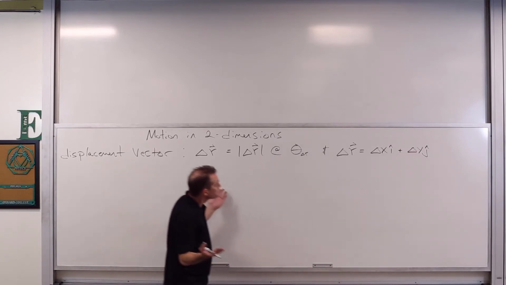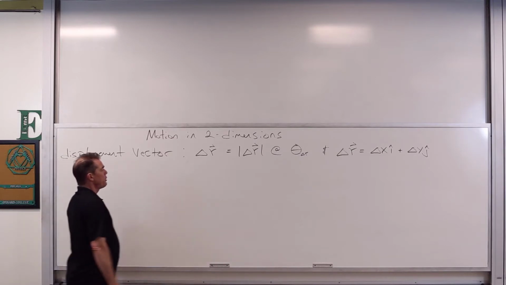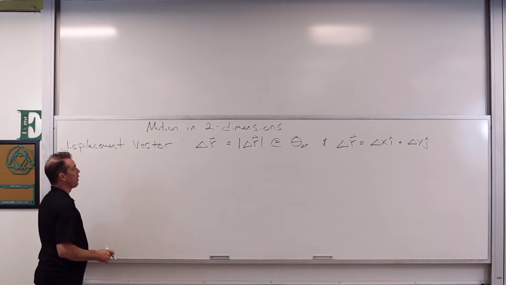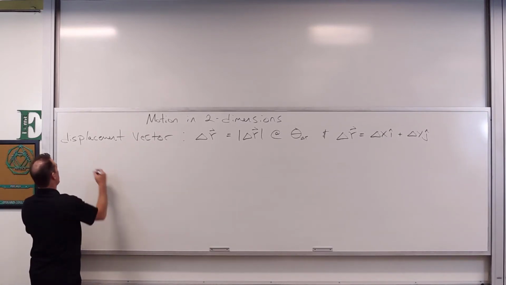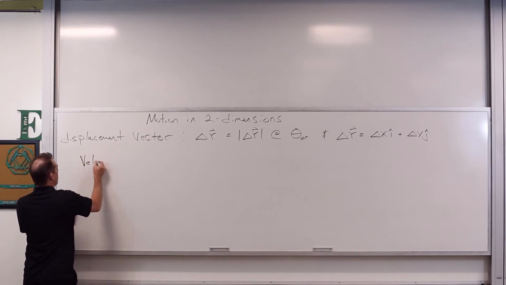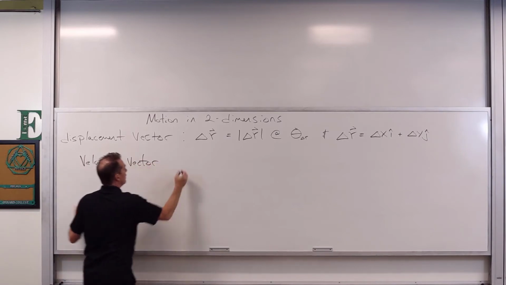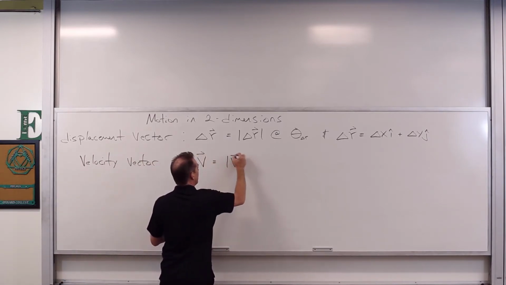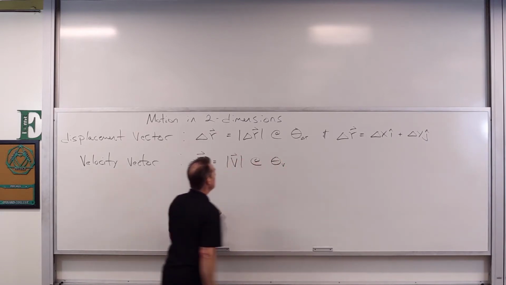So, instead of one dimension, we got two. Big deal. Let's just spell the rest of this out, then we can look at the particulars regarding these individual vector quantities. So we've also got the velocity vector. Velocity vector, v hat, can be written again as the magnitude of v hat at some theta sub v.